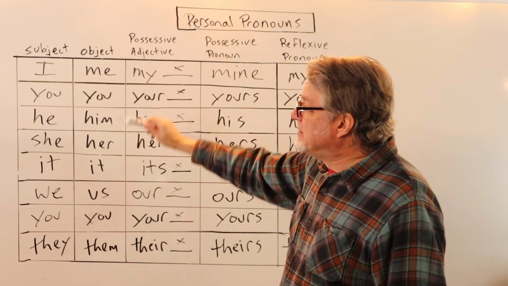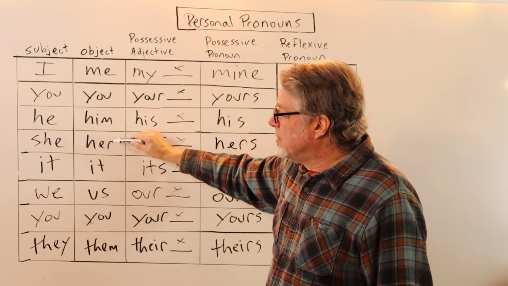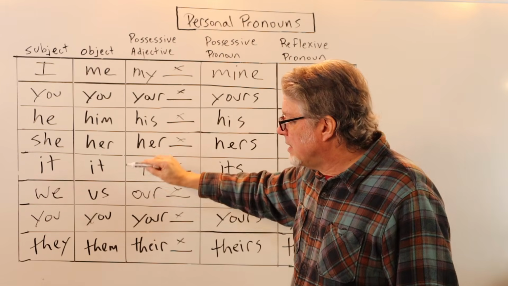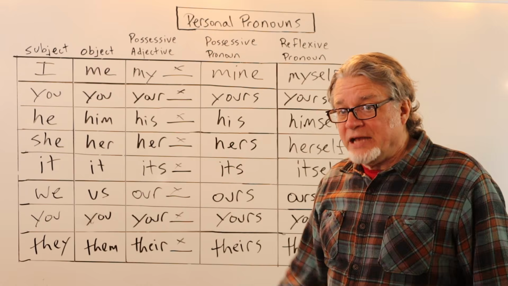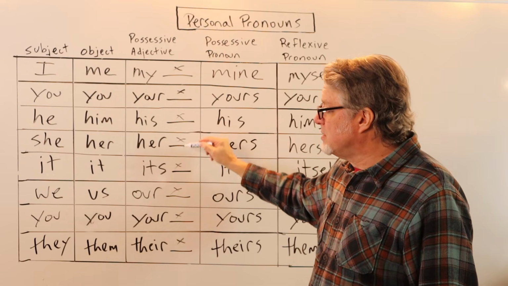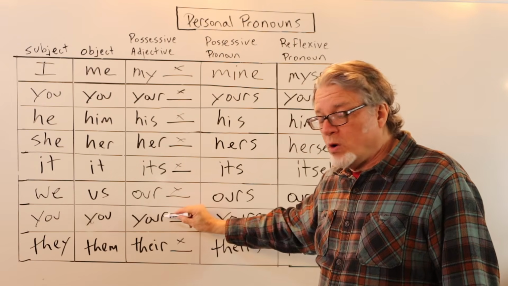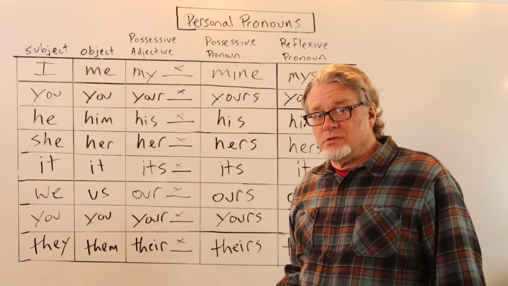The corresponding object pronouns are me, you, him, her, it, us, you, them. Possessive adjectives are my, your, his, her, its, our, your, their. These all must be followed by nouns.